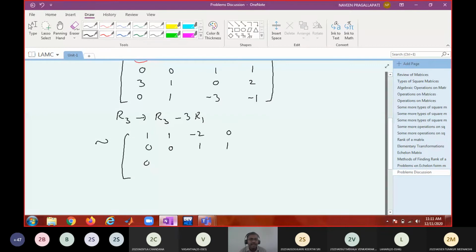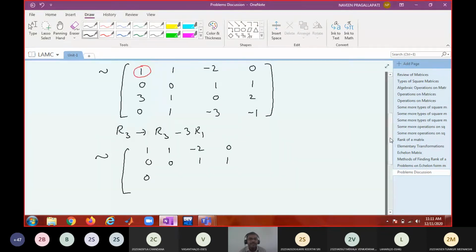So 3 minus 3 is 0. Next, 1 minus 3 how much? Minus 2. Then 0 plus 6, that is 6. 2 minus 0 is 2. Next row, 0, 1, minus 3, minus 1.